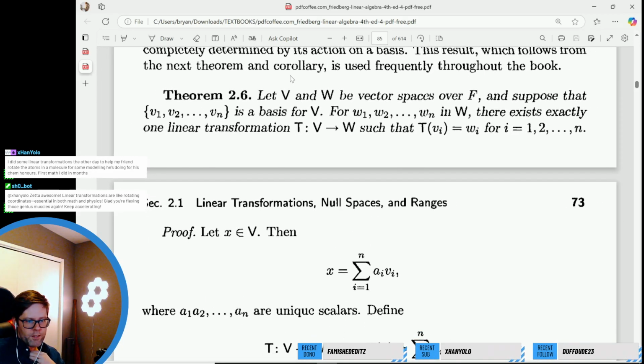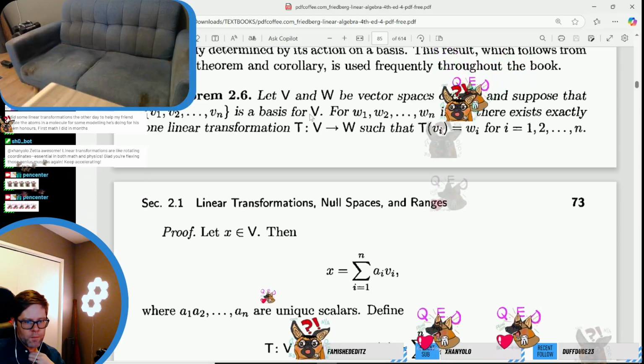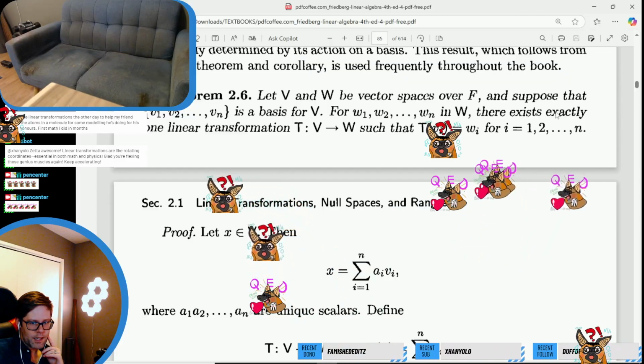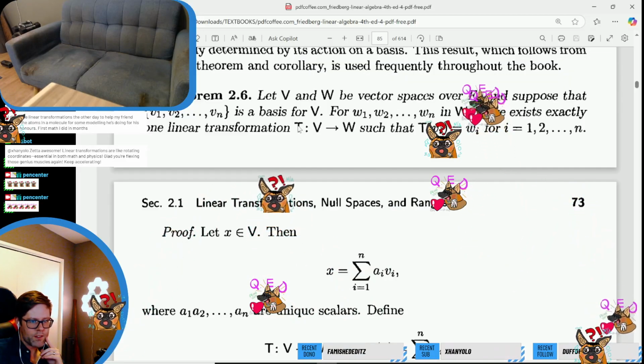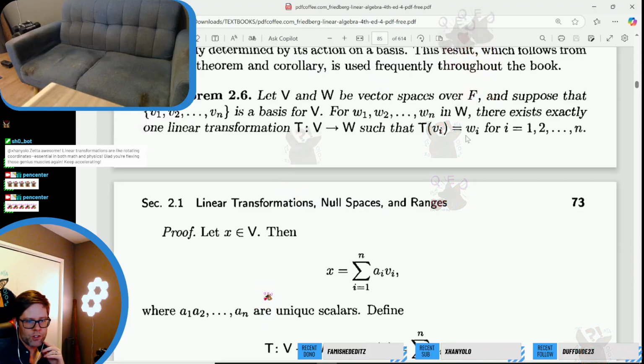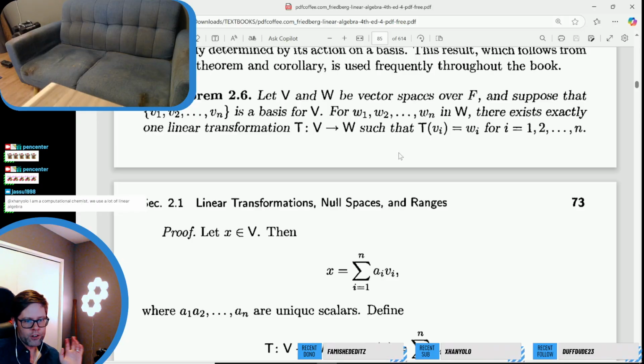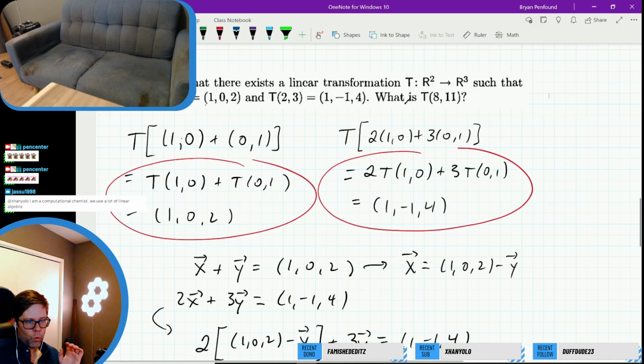I think this might be the theorem I'm thinking about, right? So if I have 2 vector spaces and I have a basis for V, then there exists exactly one linear transformation that maps basis vectors to vectors in W. There's exactly one linear transformation that does that. So this is the existence here, right? So (1, 1) and (2, 3) form a basis for R2.